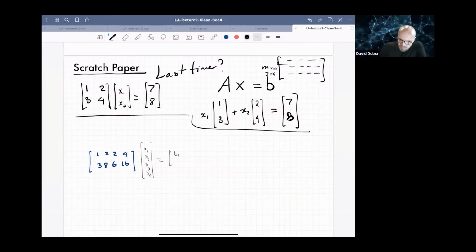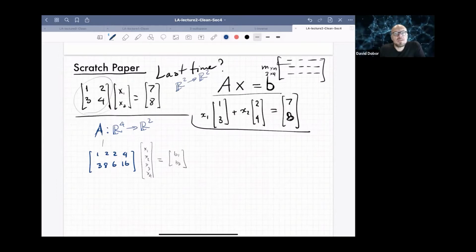Let's call it b1, b2 to be consistent with the notation Ax equals b. So this A is a function from the 4-dimensional space to a 2-dimensional space. Do people agree? Last time, when we dealt with 2 by 2 matrices, those were transformations from R2 to R2.